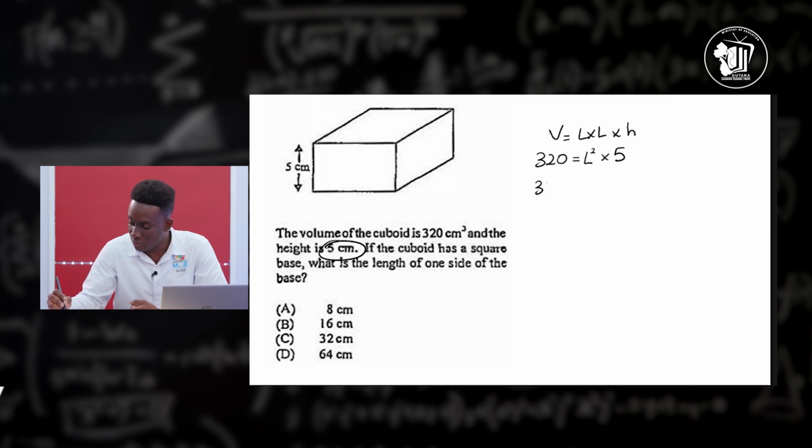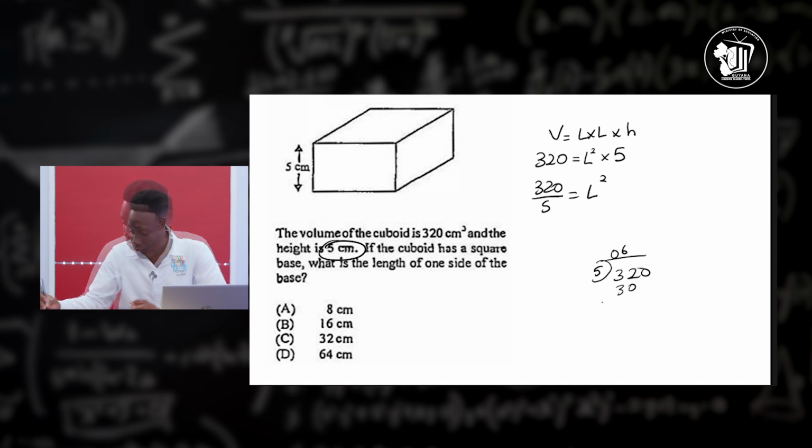So we'll have 320 divided by 5 is equal to length squared. 320 divided by 5. We know we don't have calculators, so we've got to practice doing it like this. So 5 into 3 it can't go, so we put a 0 there. 5 into 32 would be 6. 6 times 5 is 30. So we subtract the 30, we're left with 2, and we bring down the 0.